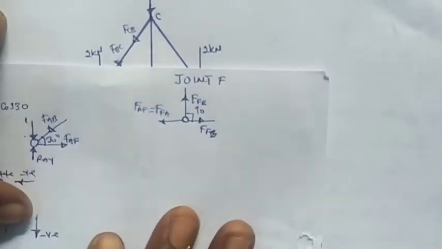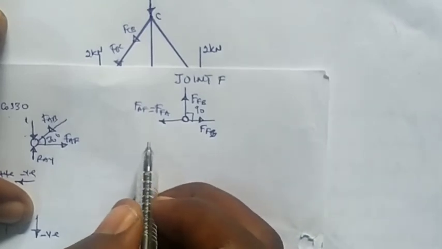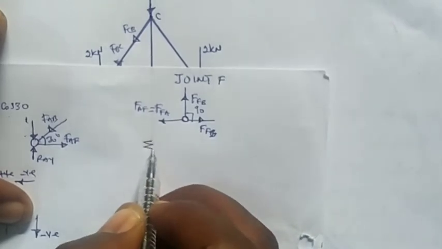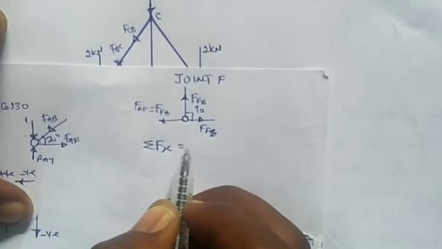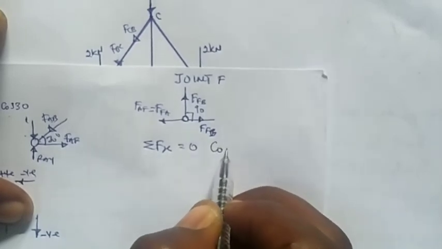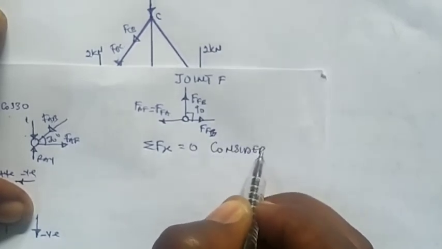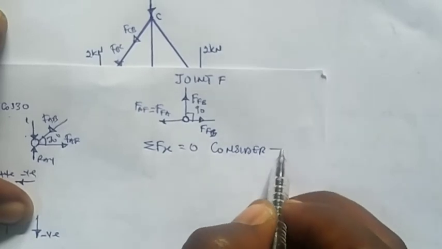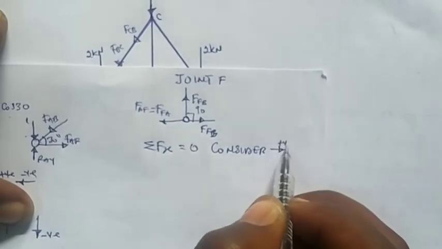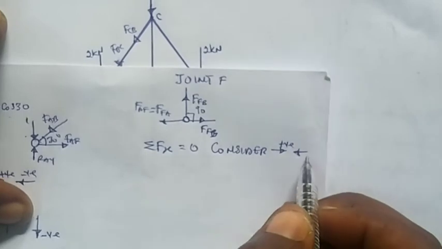From here, we do summation of Fx equals 0. We want to consider forward force to be positive, and backward force to be negative.